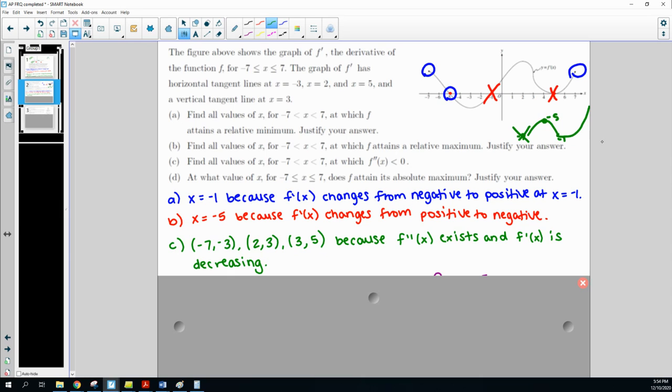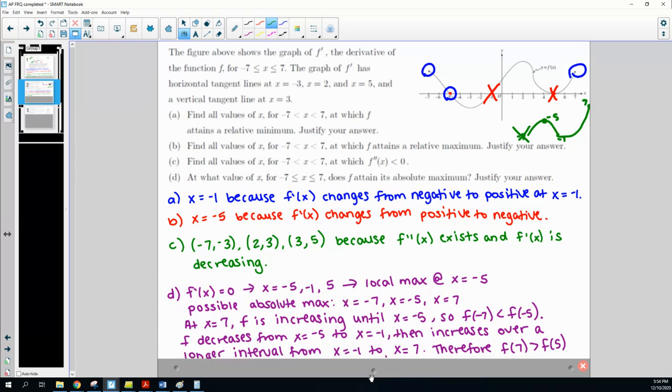But 7 is going to be pretty far right because the distance between -5 and -1, where it was decreasing, is smaller than the distance from -1 to 7, where it's increasing. So somewhere up here is where I'm going to have +7. So f of 7 will actually be greater than f of -5, making 7 our absolute maximum. So hopefully I wrote it out a little bit easier to understand.